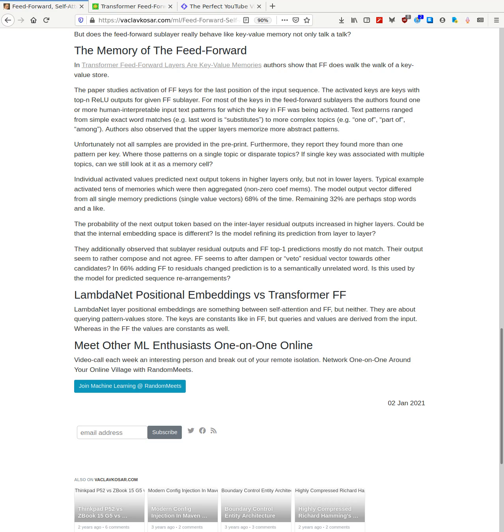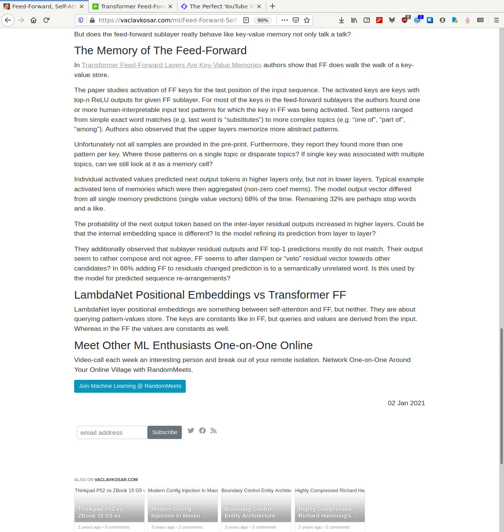What's interesting is that they typically observed that tens of memories were activated and then aggregated, and that the model output vector differed from all single memory predictions most of the time, but in some 32% of cases it did match.